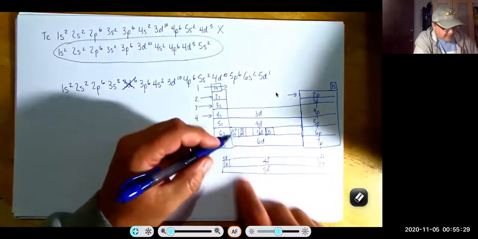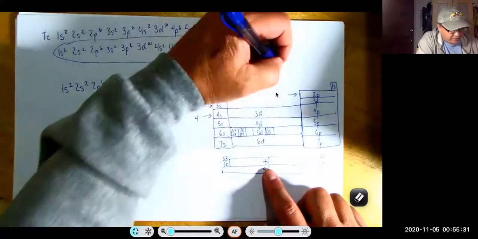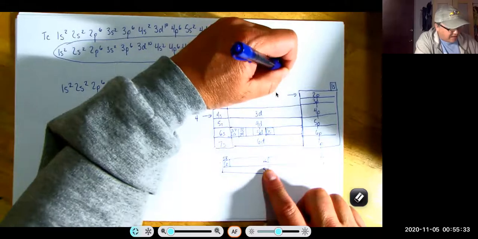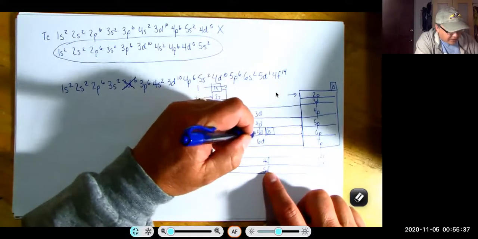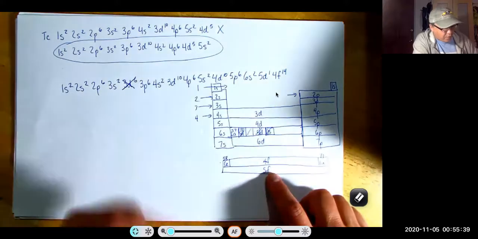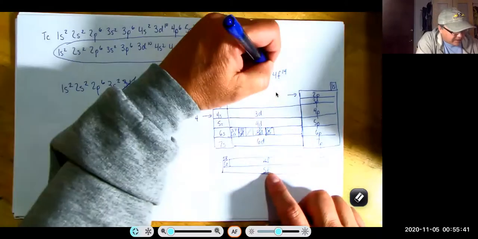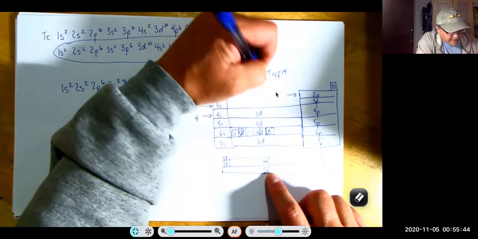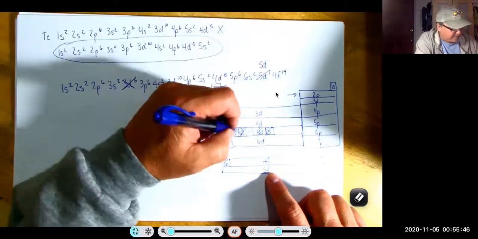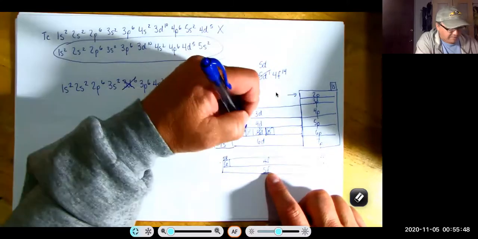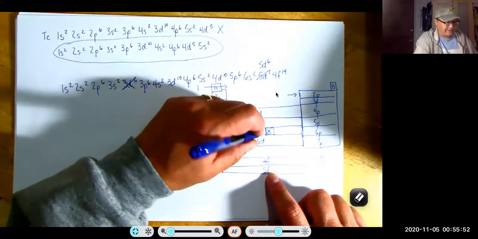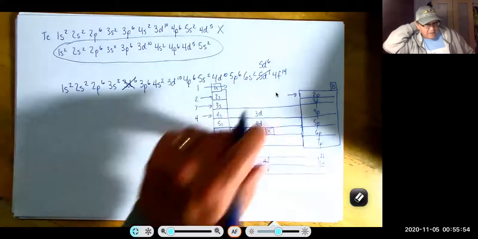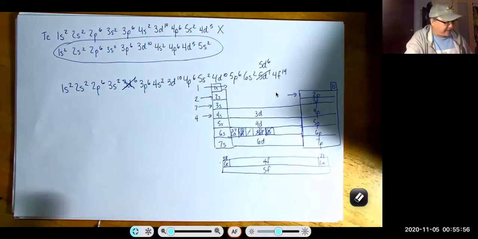And then we have to drop down into the 4f. So 4f14, come back up to hafnium, and we've got 1, 2, 3, 4, actually not 4 more, 5 more in the 5d. So 5d6, because 1, 2, 3, 4, 5, 6. So that 5d1 for lanthanum now becomes 5d6.